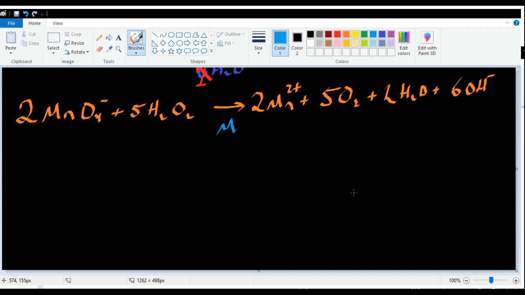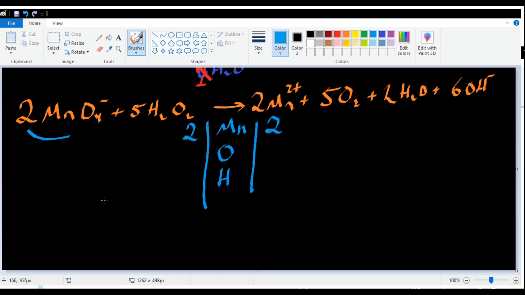So, manganese, oxygen, and hydrogen. So 2 times 1 gives us 2 manganese on the left. 2 times 1 gives us 2 manganese on the right.